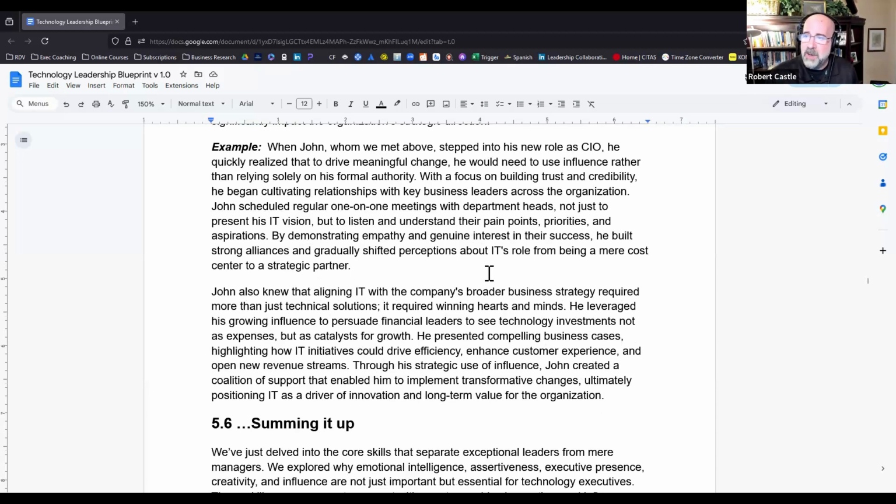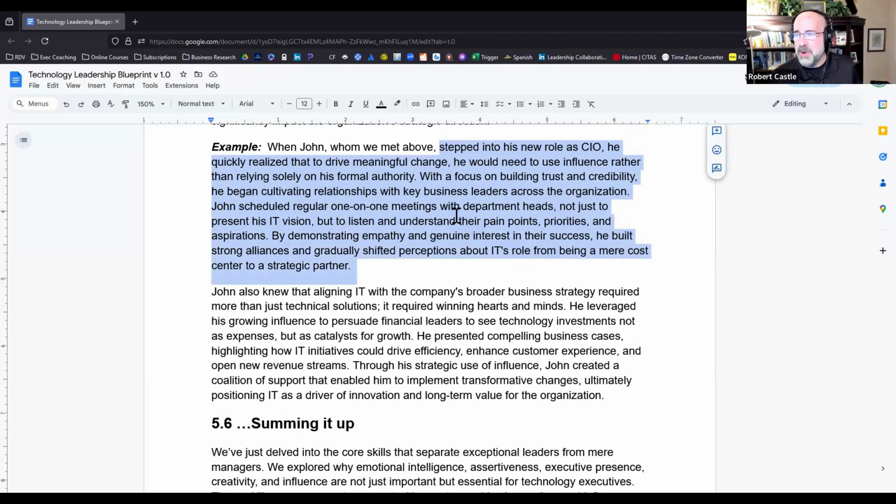So here's an example. When John, who we met above, stepped into his new role as CIO, he quickly realized that to drive meaningful change, he would need to use influence rather than rely solely on his formal authority. With a focus on building trust and creativity, he began cultivating relationships with key business leaders across the organization.